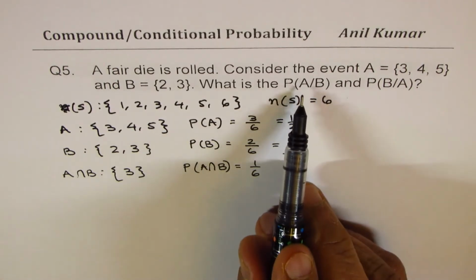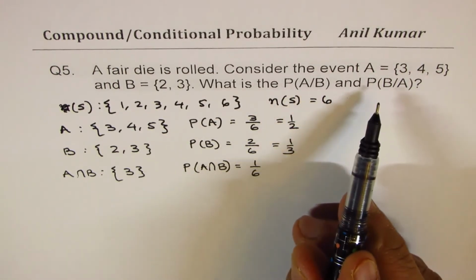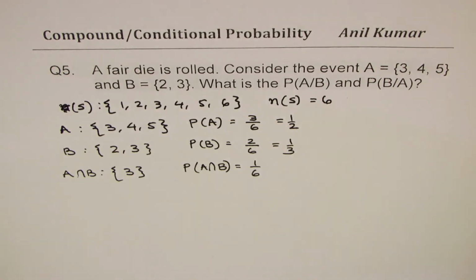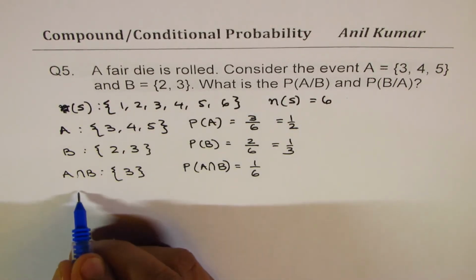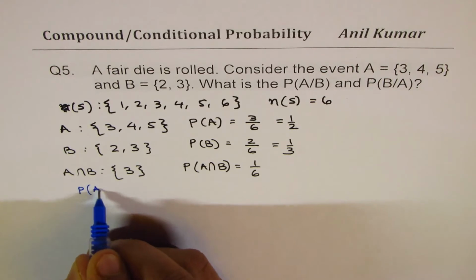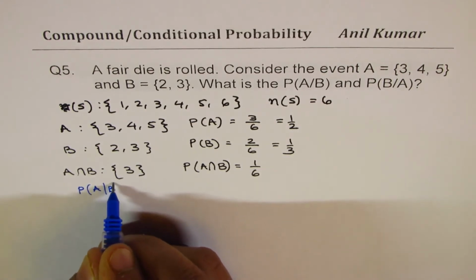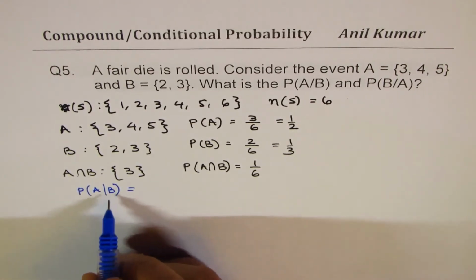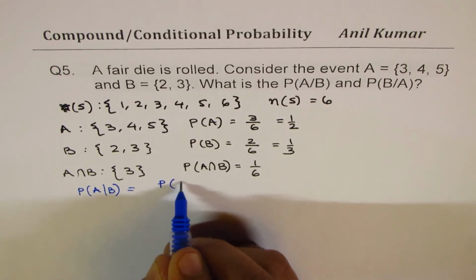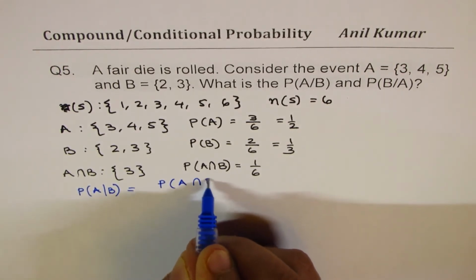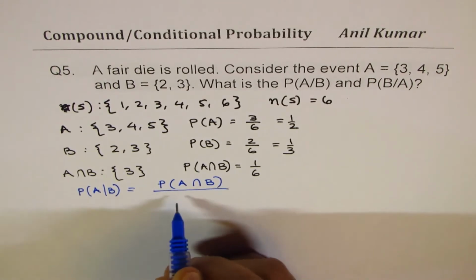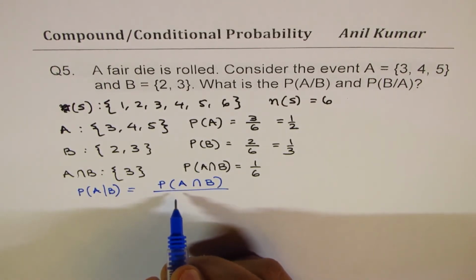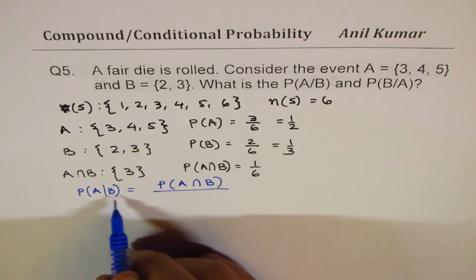Now we can find both these conditional probabilities. So let's calculate. The first one is the probability for A when B is given to us, right? So in that case, this is equal to the probability of A intersection B, A and B, divided by the probability of B, right?